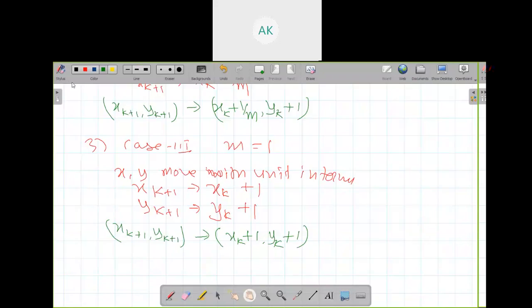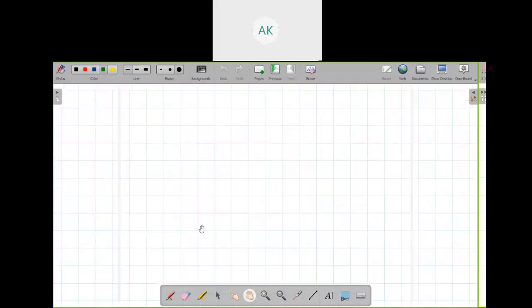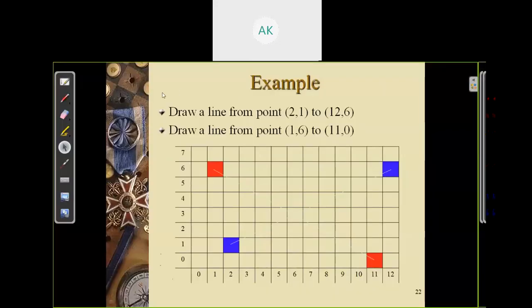Okay, the starting point is 2 1 and the end point. What is the end point? 12 6.